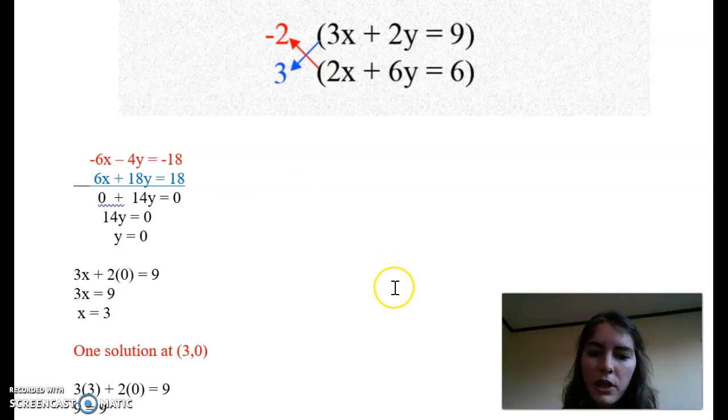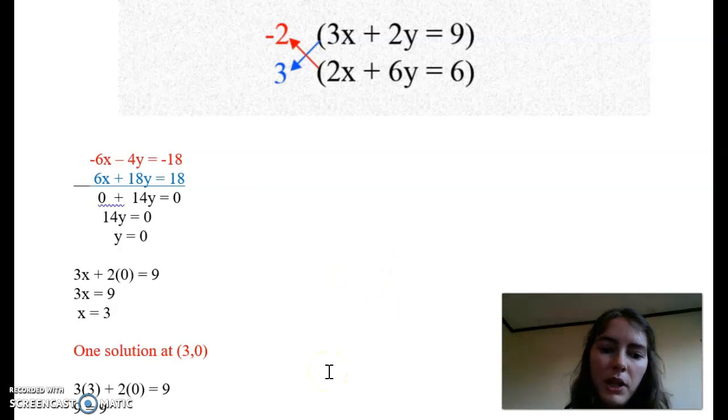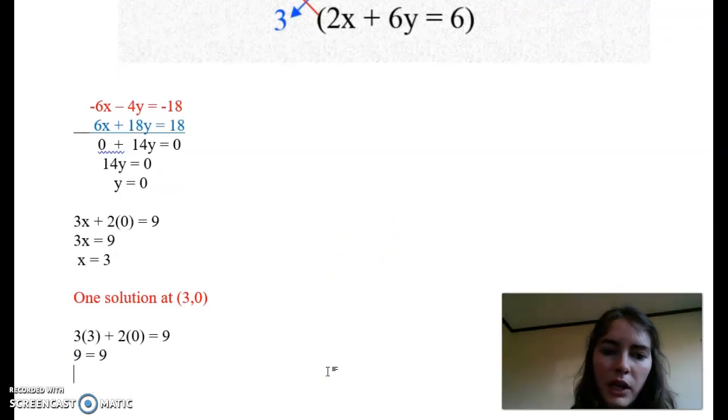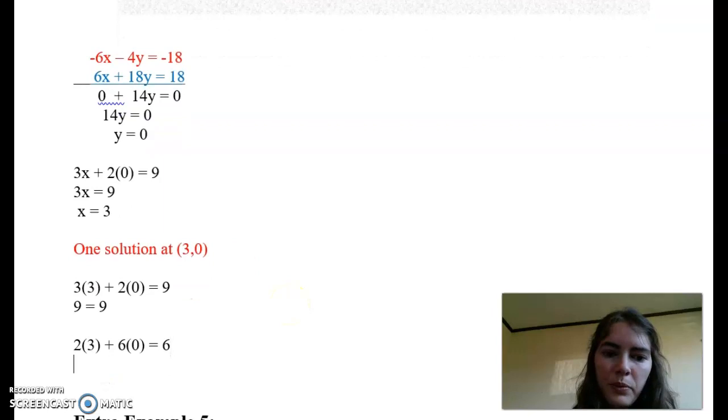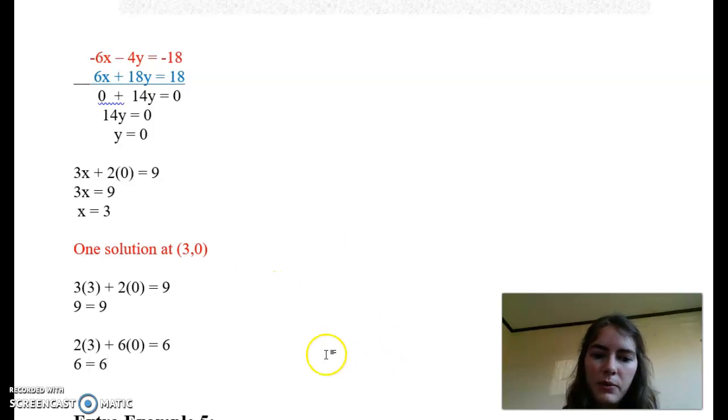So of course it works for that first one. Now we have to make sure it works for the second one. So the 2 times x, which is 3, plus 6 times y, which is 0, equals 6. Okay, and we make sure this works. Yep, 6 plus 0 equals 6. So that works.